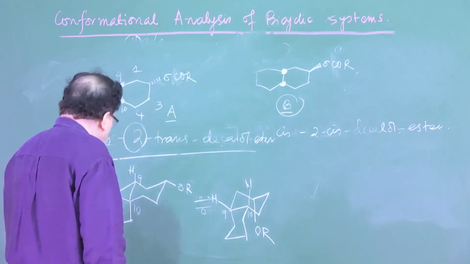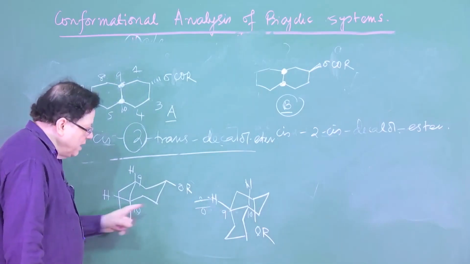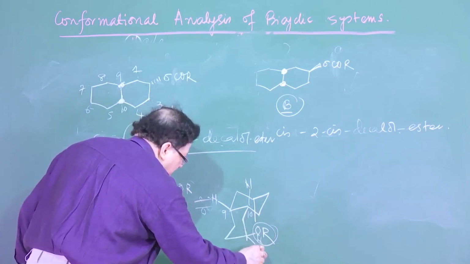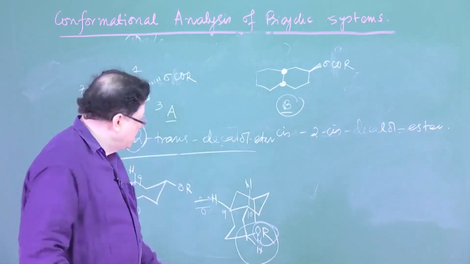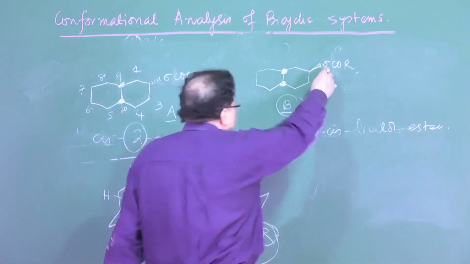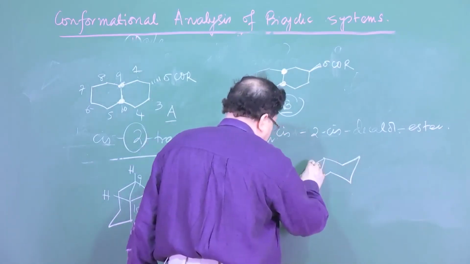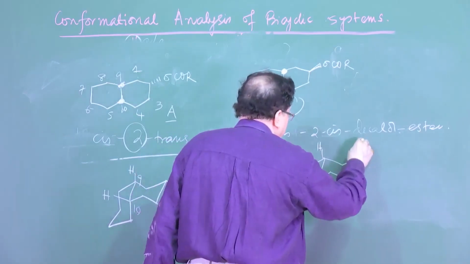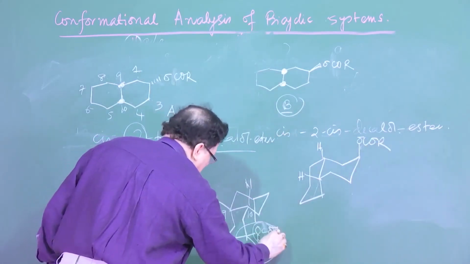Okay. So, once you have that, these are the two forms. Obviously, this form will be much more populated than this one, because this is axial and this is having severe diaxial interaction with this methylene of the other cyclohexane ring. So, the population of this conformer will be much less. Okay. On the other hand, when you draw this one, so initial one was this is OCOR.